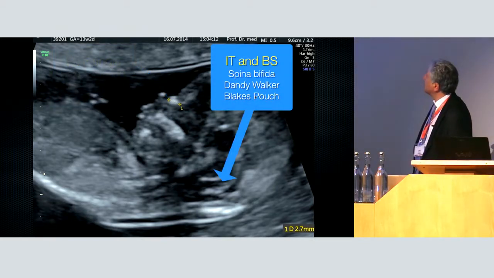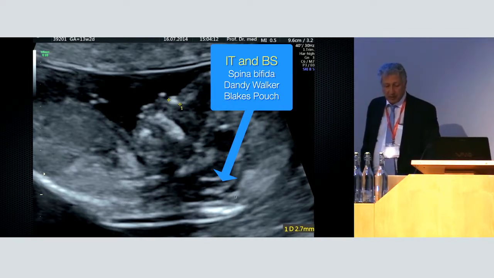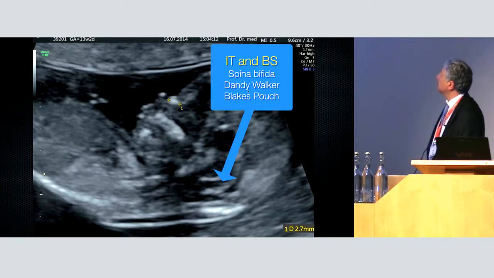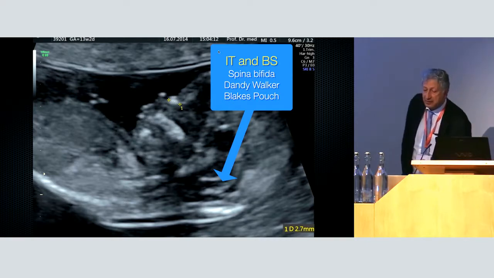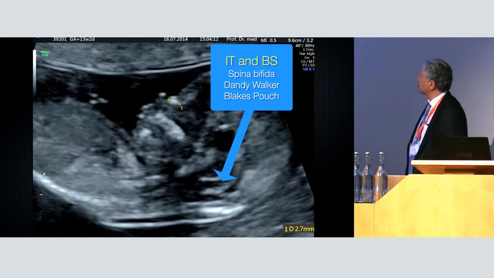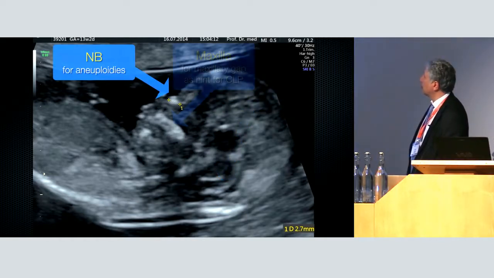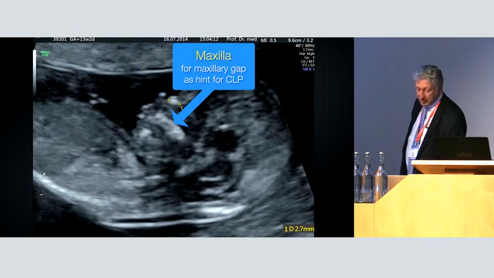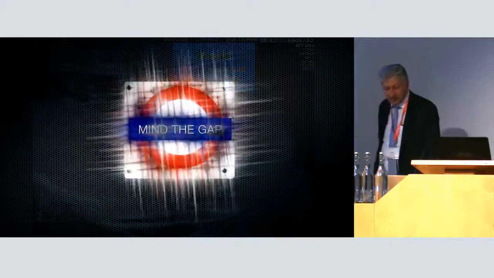And we can look at the IT. I discussed this morning, because the IT is compressed and abnormal in spina bifida, but it's enlarged in cases like chromosomal aberrations and the Dandy-Walker or Blake's pouch cyst, or, let's say, something to be controlled. And there's the nasal bone for aneuploidies, and the maxilla, which can also be a hint for the gap.